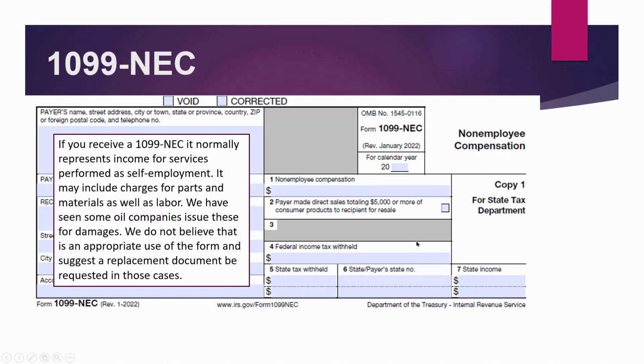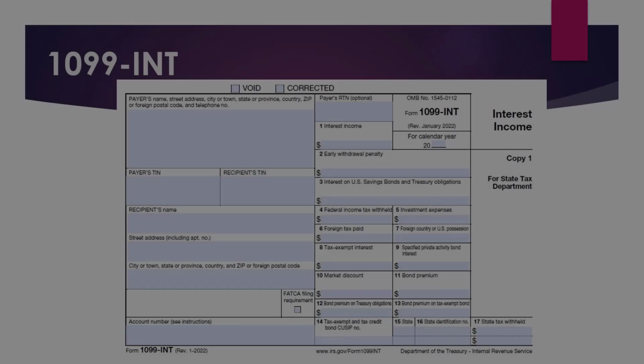It may also include charges you made for parts and material as well as your labor. We've seen some oil companies issue these for damages. We don't believe that's an appropriate use for the form and suggest a replacement document be requested in those cases.